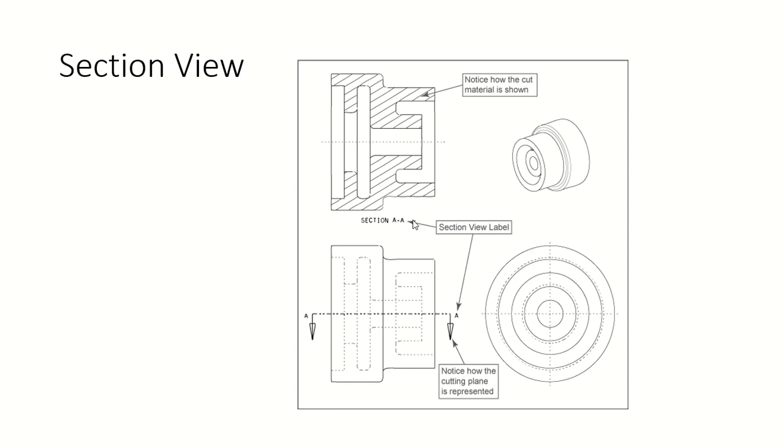So we look at the object from this side, and you can see all of this, and you cut it down. See, look at this cut. See how this cutting plane is represented. It means we're going to cut it down that way.